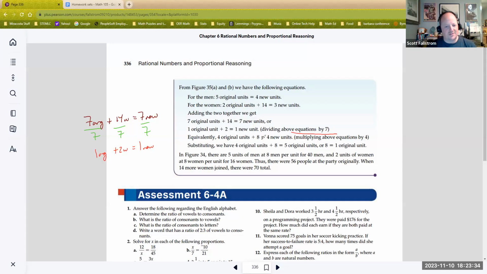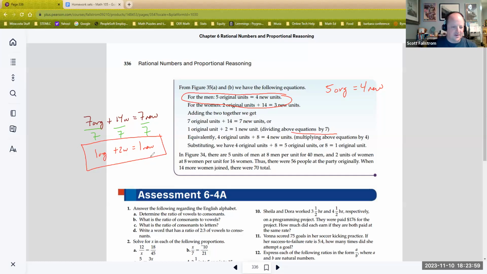4 original units plus 8 people is 4 new units. Then you multiply by 4. And if you substitute, you can actually see how many original units you have. Why? Because you started off with, for the men, 5 original is equal to 4 new units. So right here, this would be great if I knew how to convert them.